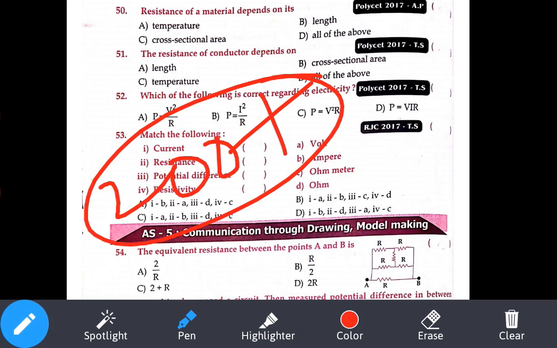So here also I'll be covering 200 plus bits in the electric current chapter. This is our set A question.